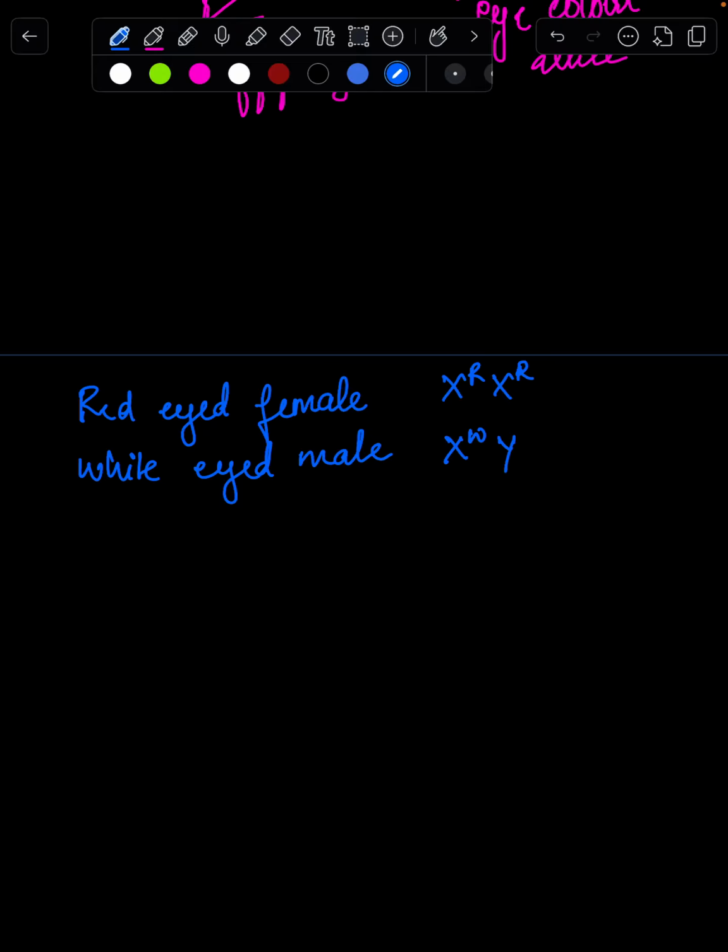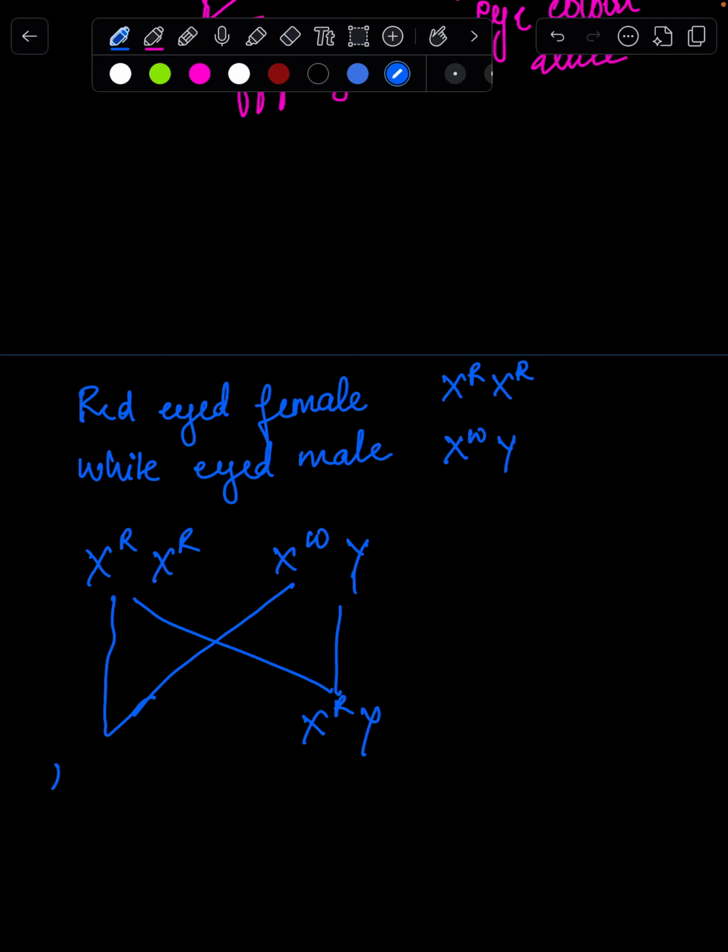So we will get X with the red eye color bred with the X chromosome of the male with the white eye color allele, and we will get all the male offspring with the red eye color in this cross, and we will get all the females as well with the red eye color, as the red eye color is dominant in nature.